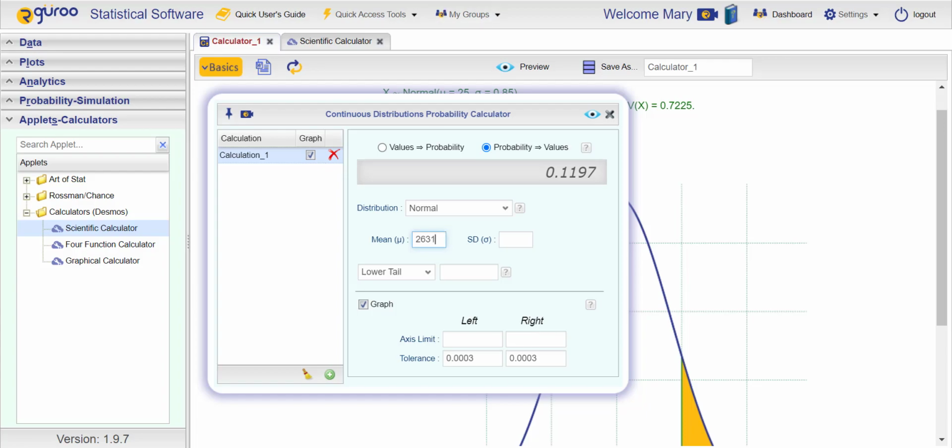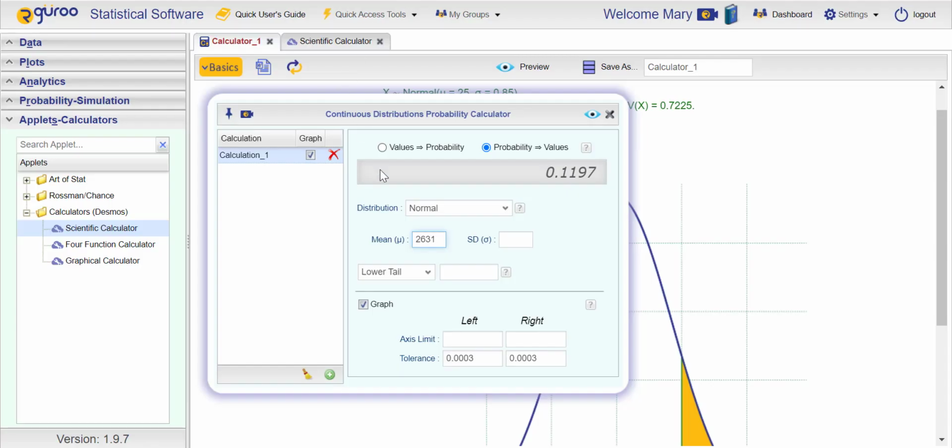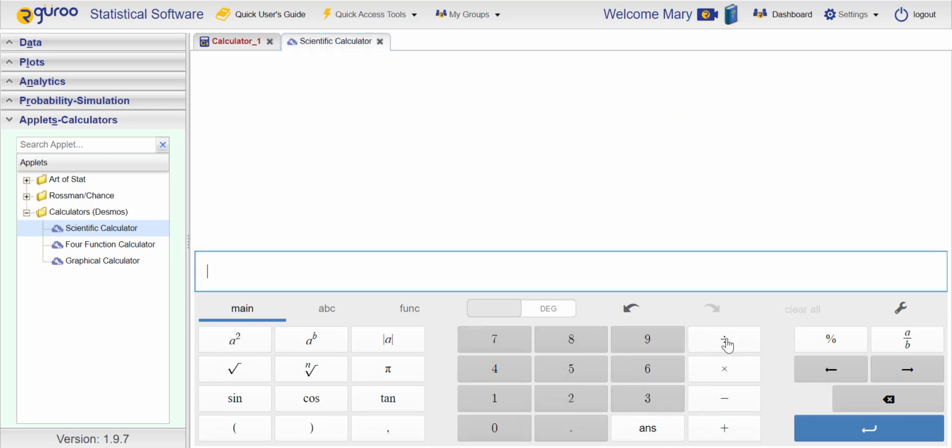And the standard deviation is 500. But the sample size is 100. So going back here, click on my scientific calculator again and clear all.